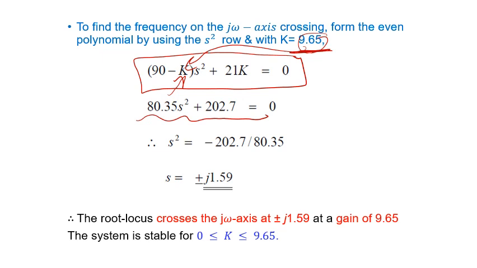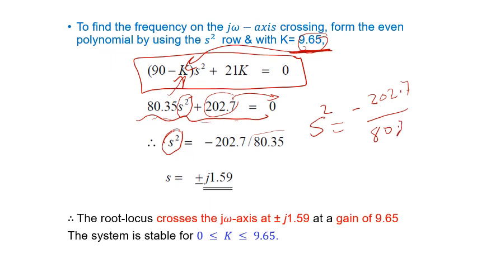Now, let us solve this equation. Take this one to the other side, then calculate for S squared. You will find that S squared equals minus 220.7 divided by 80.35.